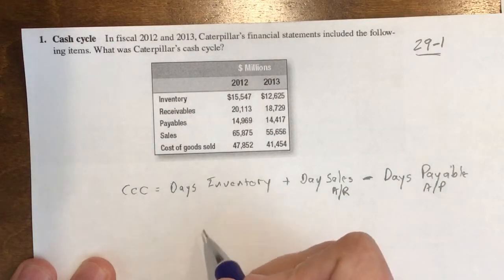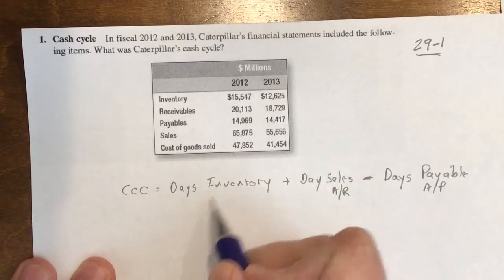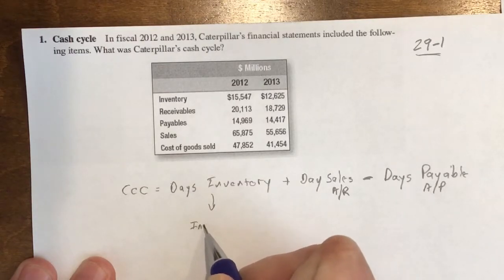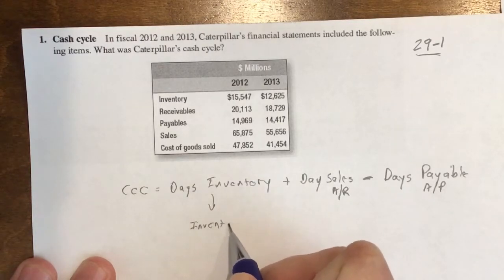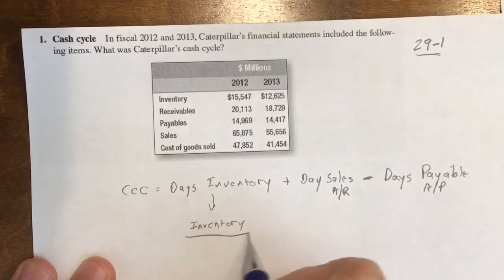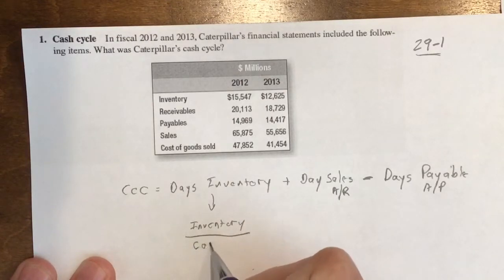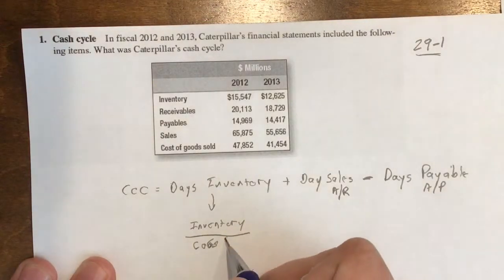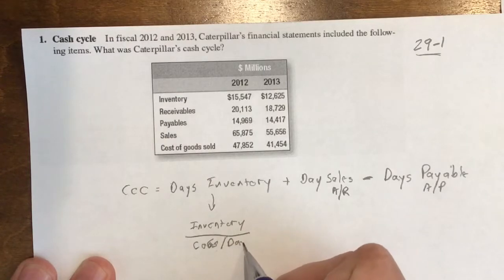So each of these is calculated a little bit differently, but days of inventory is normally your total inventory divided by cost of goods sold, COGS, per day.